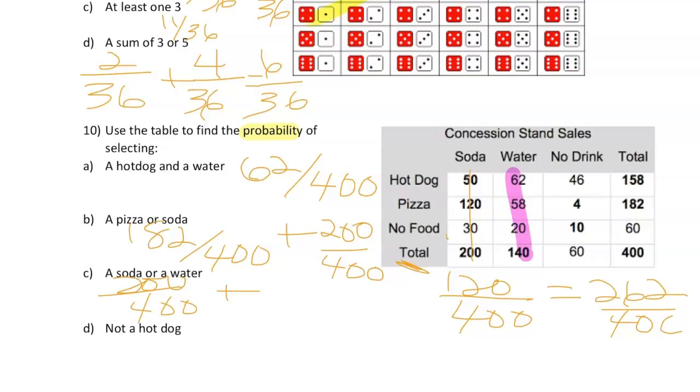Here's where the water is. There's 140 of those. Plus 140 over 400. There's no overlap. It's either soda or water. There's nothing that's a blend of soda and water. So just add those two together and you're going to get 340 over 400.